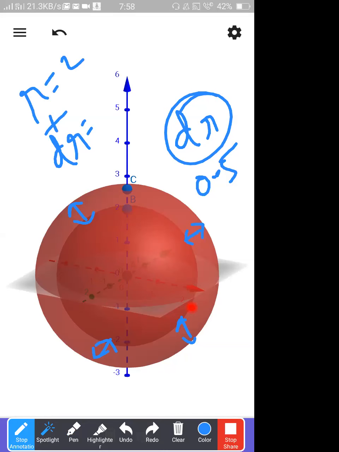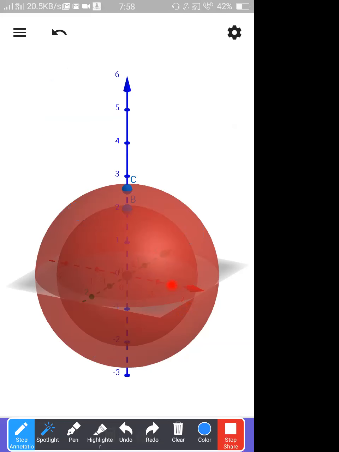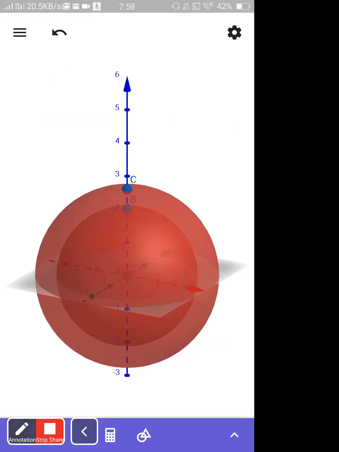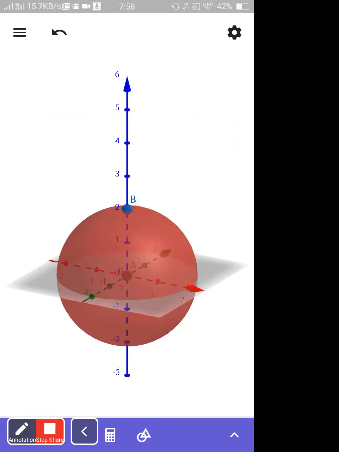Now, what is our next parameter? Theta. Now I will make a change in theta. Again, to observe the change in theta, I have to introduce the cone.